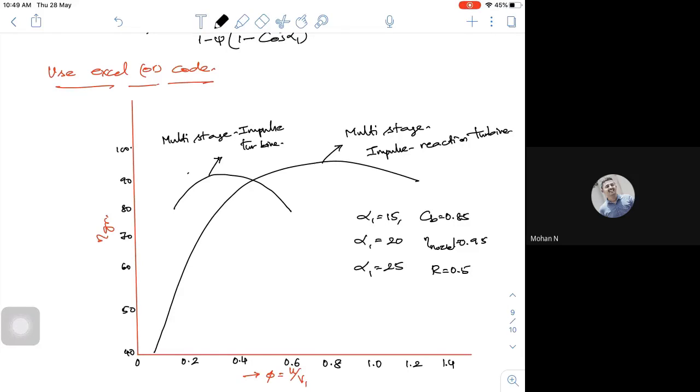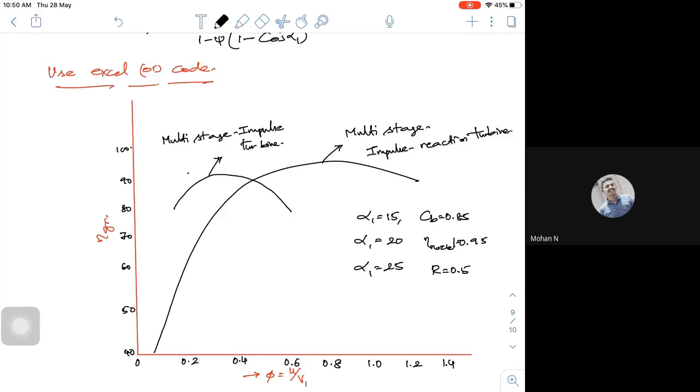What is the impact of these numbers? You can verify. Okay. And you can check out. See, we got phi optimum is equal to cos alpha 1. So, for example, if I take cos 10 or cos 20, what will be the value of phi optimum? If I take 20 degrees, my phi value will be around 0.94 or 94%. If I take alpha is equal to 15, I may get a number around 96 or 97%.